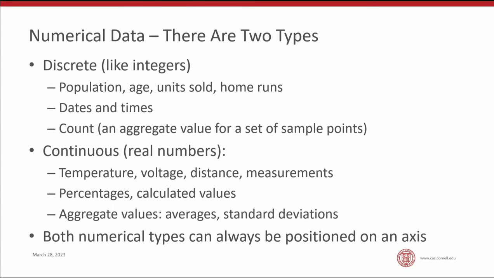And so in that second section there, the examples of real numbers are temperatures, voltages, things that you might measure in an experiment or in the real world, or things that you could calculate like a percentage. So both of these types of numerical data can always be positioned along an axis somewhere. There's an understood position on any given axis where a value would fall if it has one of these types, assuming it's within the range of that axis.